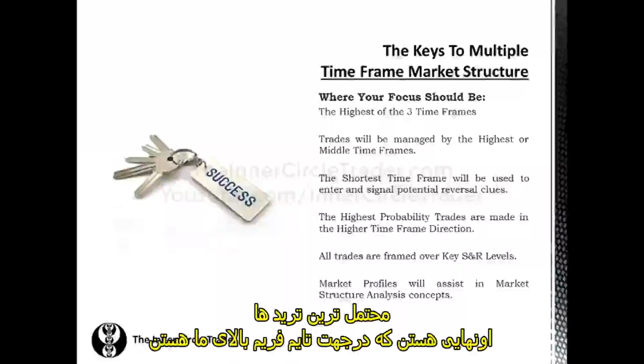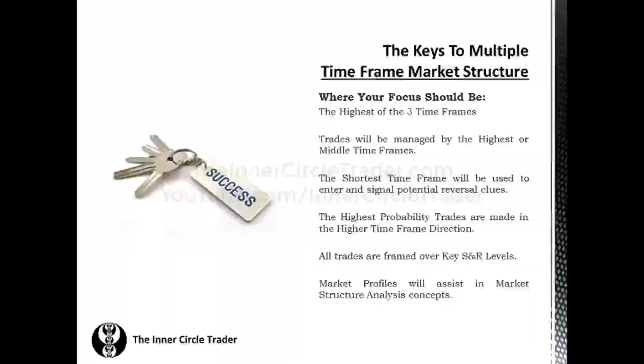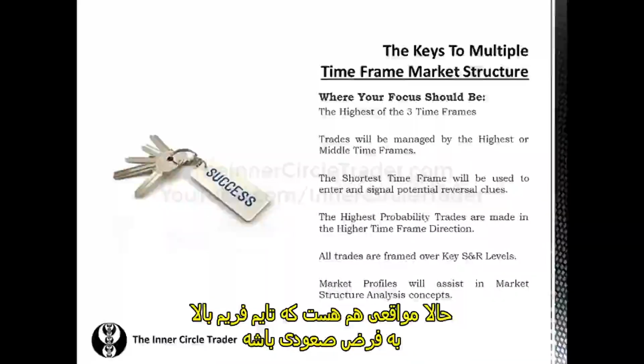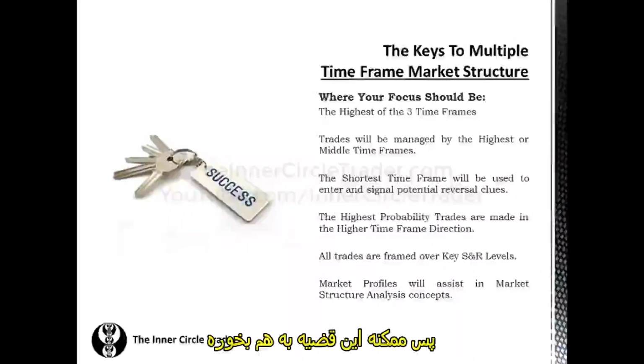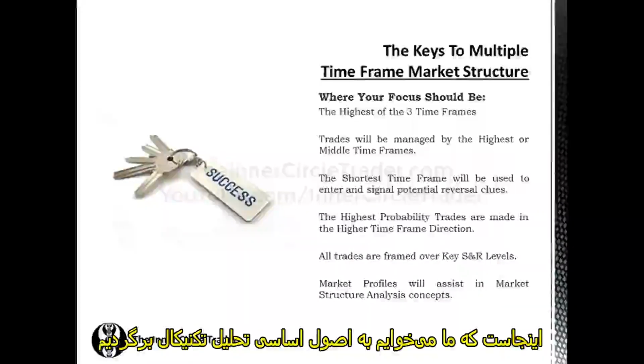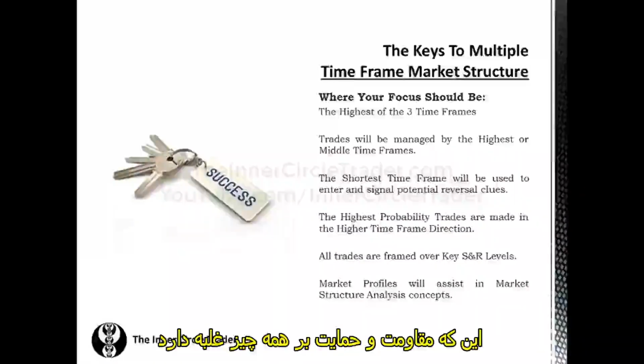The highest probability trades are made in the higher time frame direction. Now, there are going to be instances where the higher time frame premise may be bullish, but you're approaching a key resistance level, so that may be trumped. That's where we go back to the core essentials of technical analysis, that being support and resistance trumps everything.